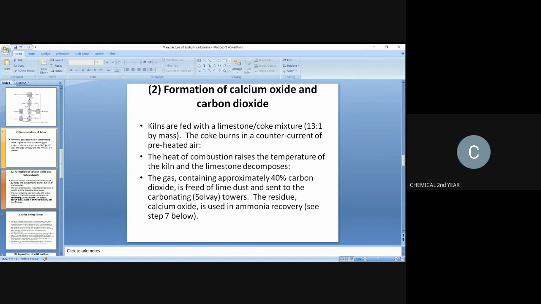The heat of combustion raises the temperature of the kiln and the limestone decomposes. The reaction is CaCO3 gives CaO plus CO2. The gas containing approximately 40% CO2 is freed of lime dust and sent to the carbonating towers. The residue, calcium oxide, is used in the ammonia recovery process.